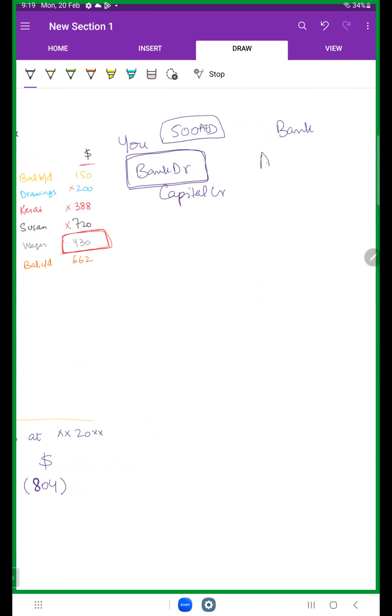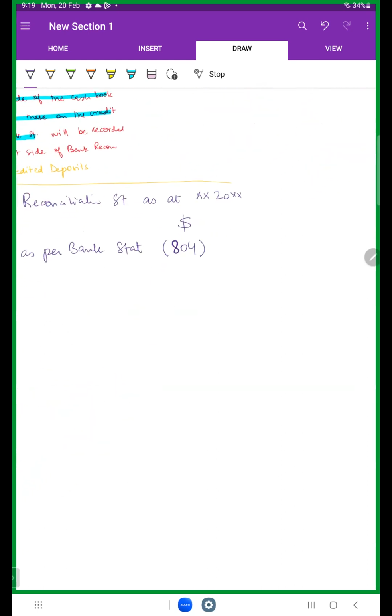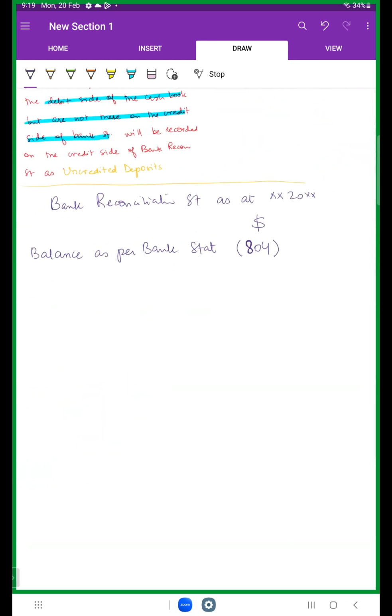Their current asset is decreasing. No, their liability is increasing. Oh yeah, that's why they credit you. Okay? Clear? Yep.